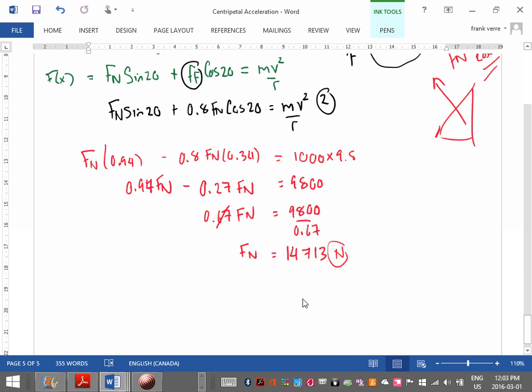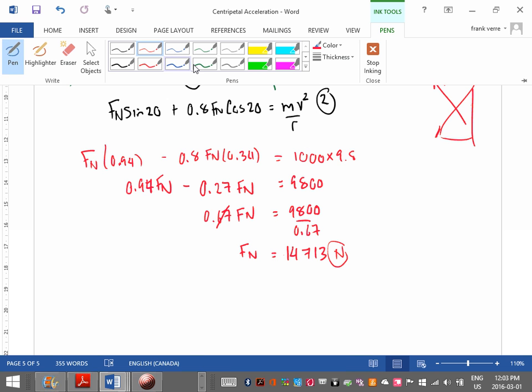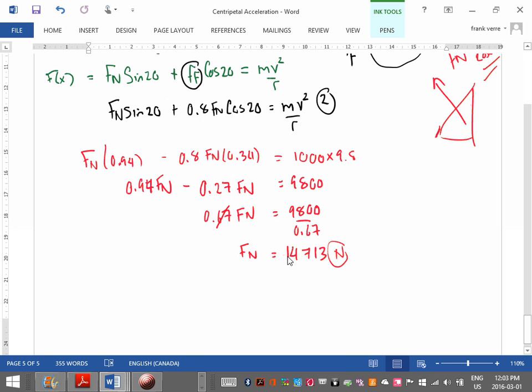Okay, so let's finish it up. So we have the normal force. We just figured out it's 14,713. So now we can go back to this equation and solve for the speed. Okay? So let's just put our numbers in.